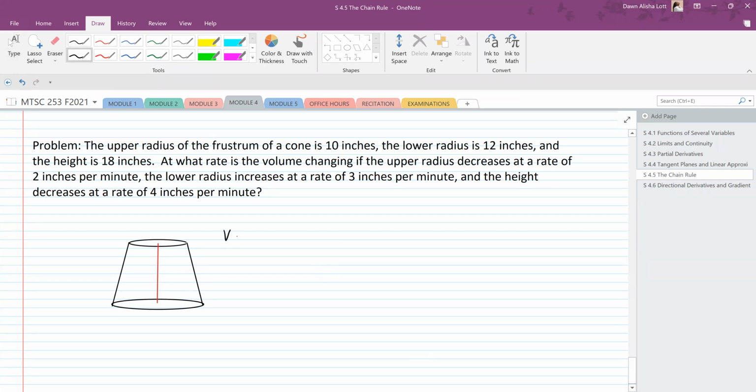So the volume is equal to 1/3 pi z times x squared plus xy plus y squared, where x is the upper radius, y is equal to the lower radius, and z is the height.